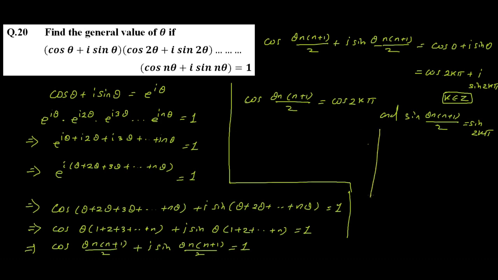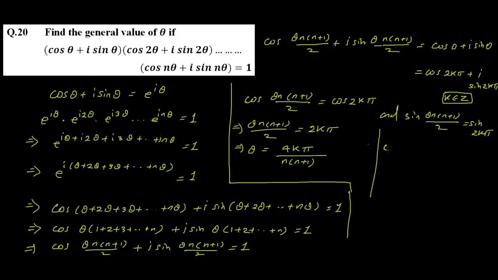So if you are solving the left side part, we will be getting θn(n+1)/2 is equal to 2kπ, which implies θ can be written as 4kπ by n(n+1).